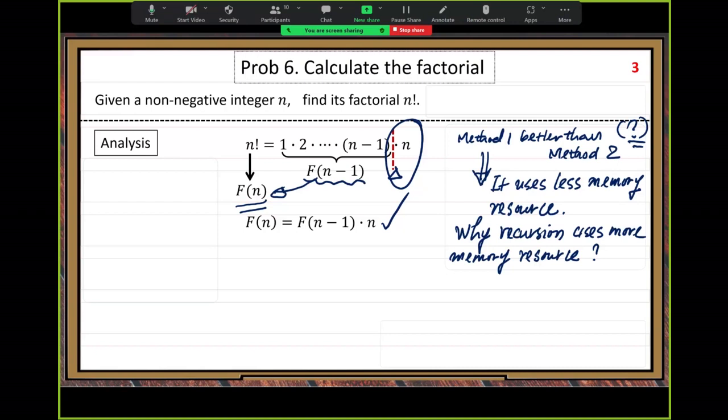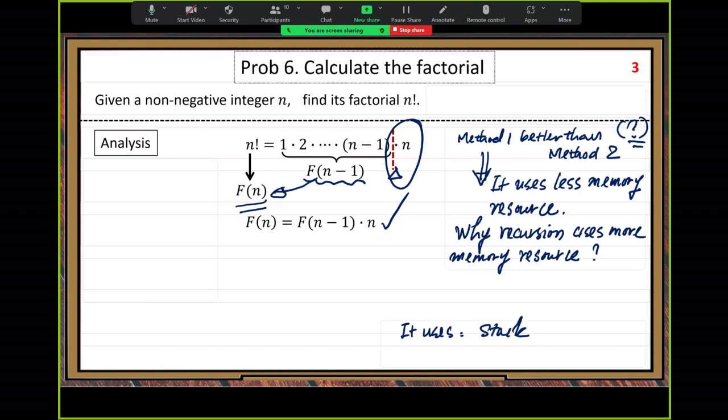Right now, high-level languages all support recursion. But how is it implemented in a high-level language? It uses a data structure called a stack.